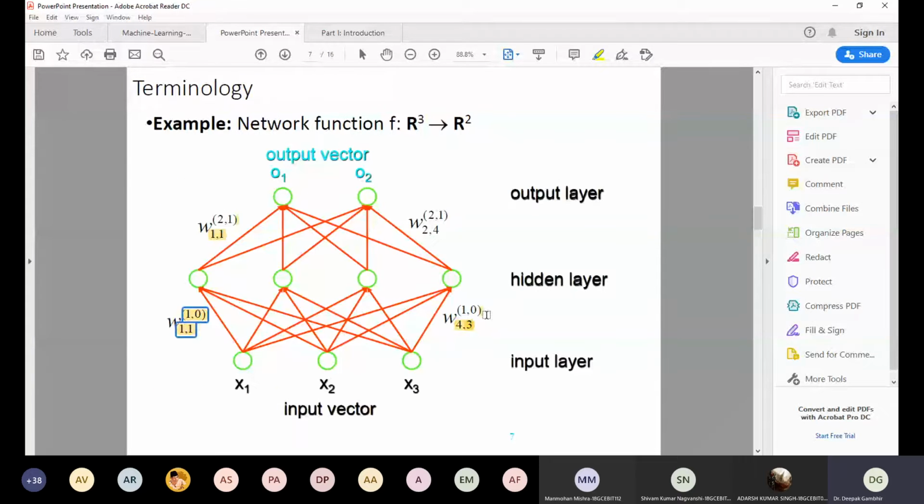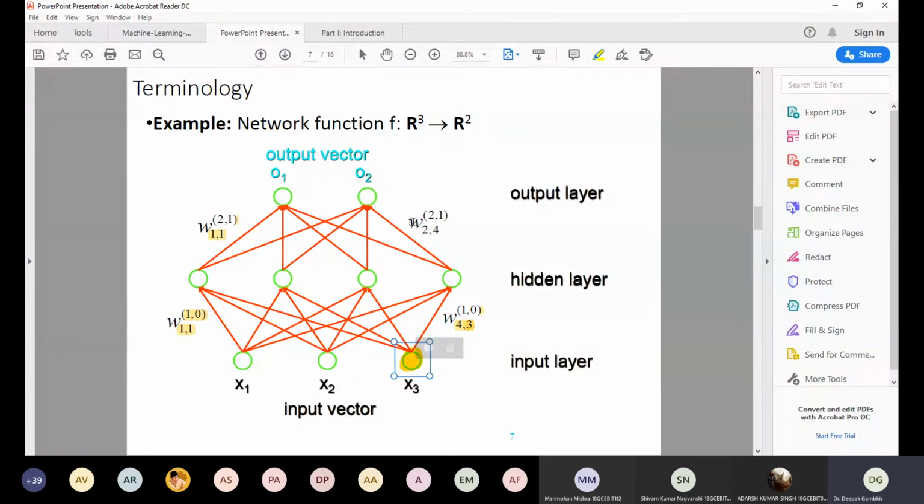You must learn from this that suppose the hidden layer has 4 units, and the fourth unit is having input from the third unit of the input layer. So this is x3 and w43 going to the fourth unit of the hidden layer. It is written 4 3, that is fourth hidden unit and third input unit.